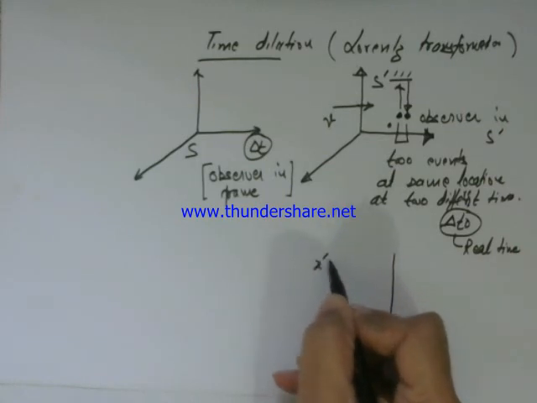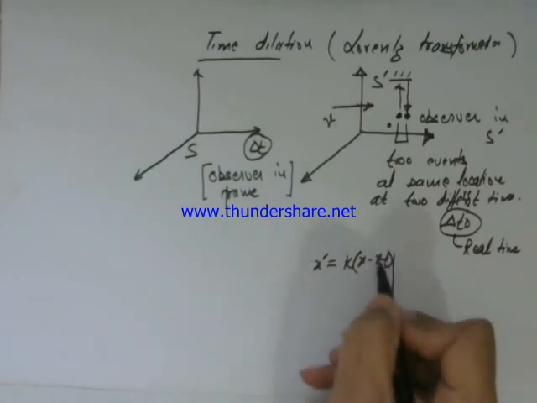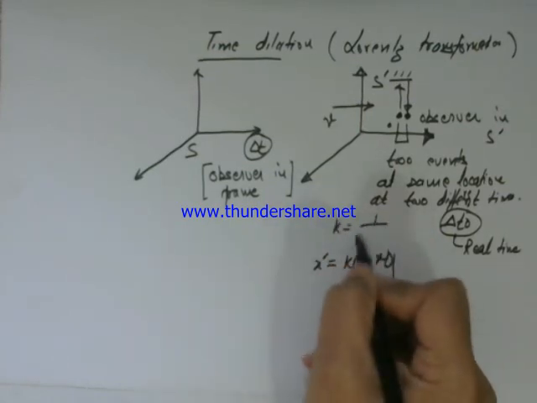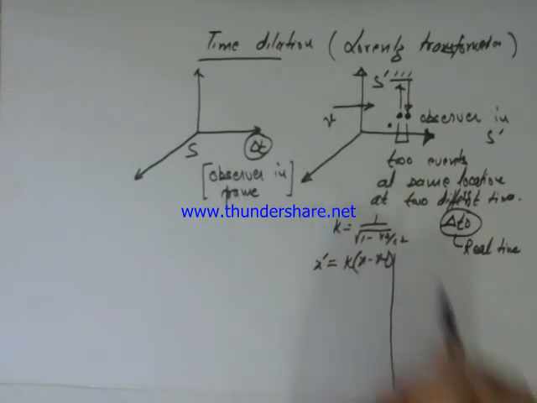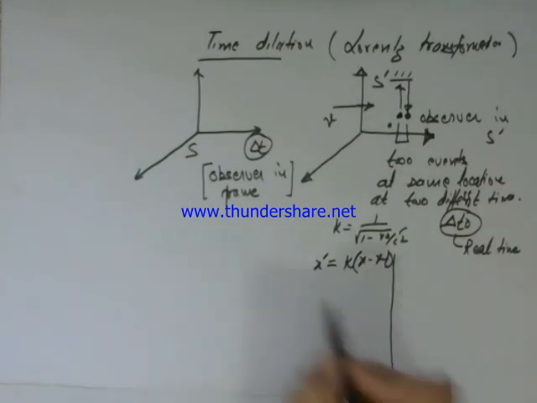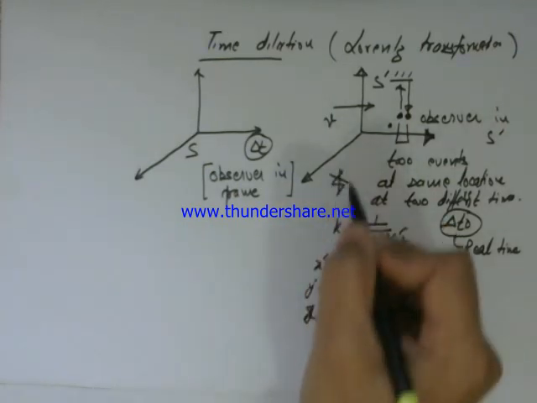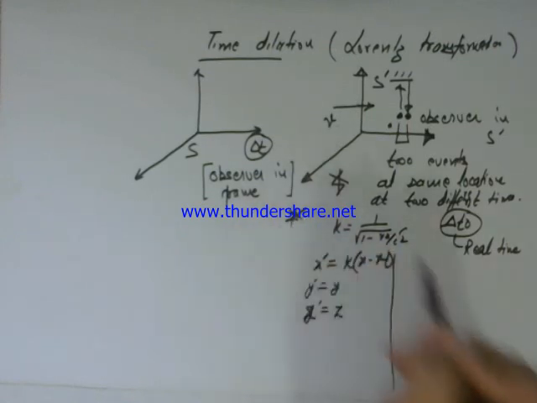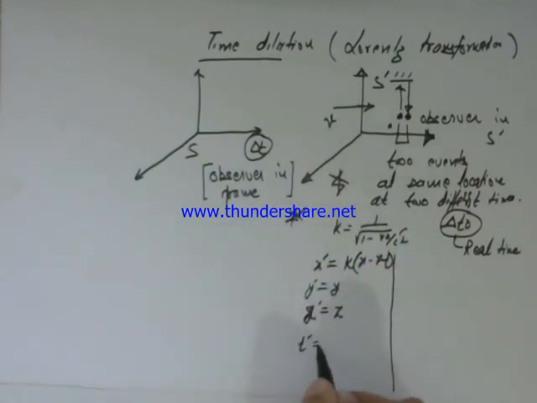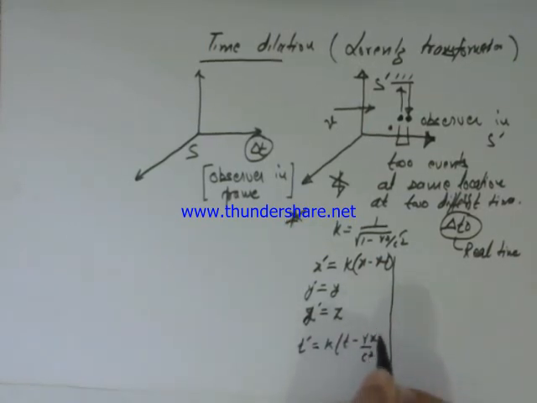We know that x dash can be written as k times (x minus vt), where k is 1 upon under root 1 minus v square upon c square. C is the speed of light. Y dash is y because there is no movement along the y and z axes, and z dash is z, so there is no velocity in the z or y direction of the S dash frame, and t dash is k times (t minus vx upon c square).